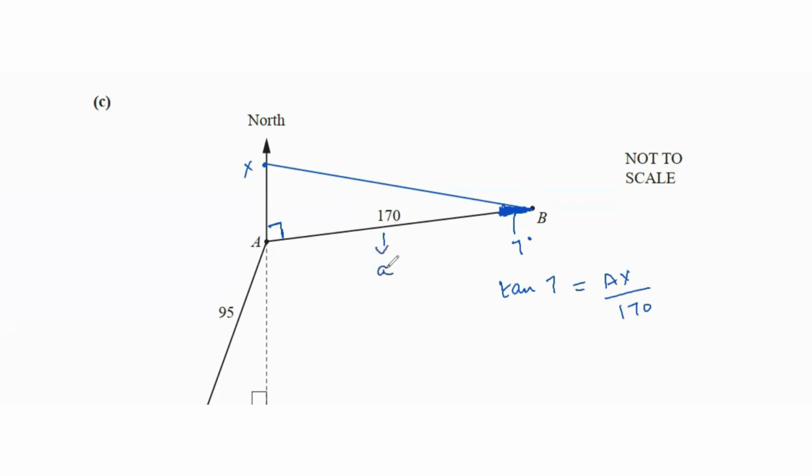So this is our adjacent. This is our opposite. So tan 7 equals opposite over adjacent, which is AX over 170. So 170 times tan 7 is AX. And that's going to give us 20.87 meters.